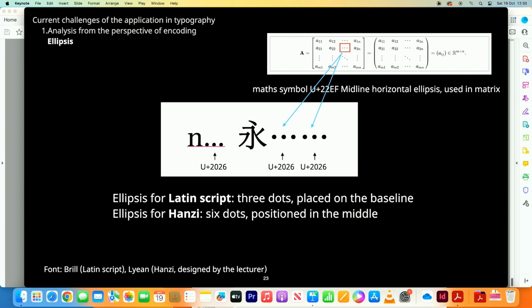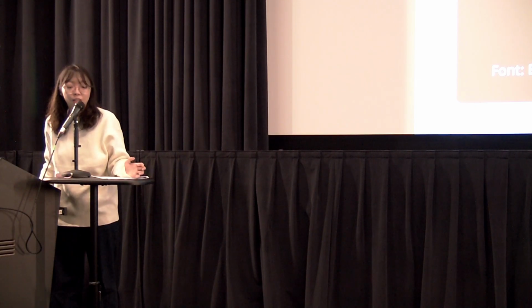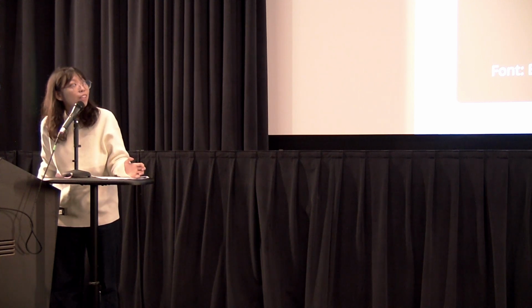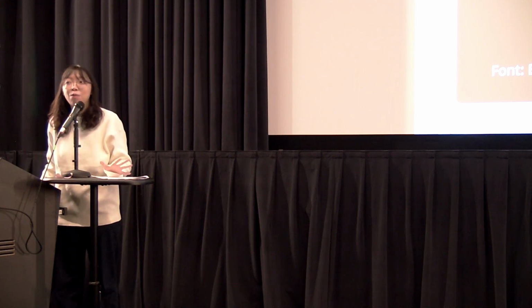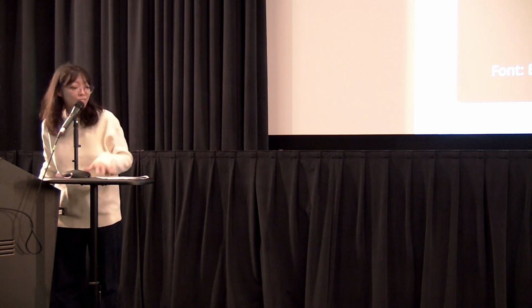But there are two problems. One is Chinese punctuation needs to follow the GBK encoding standard, and GBK doesn't have this math symbol. Another one is that it is by nature a math symbol but not a punctuation mark, so this issue still exists.